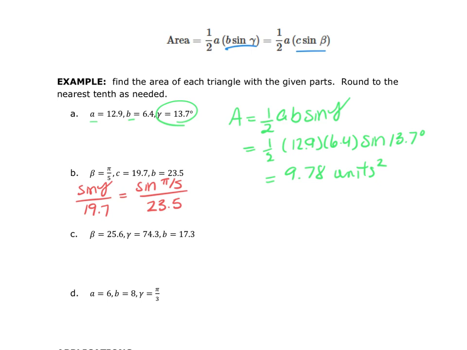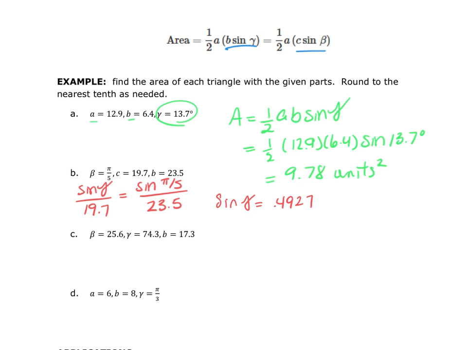So I'll have 19.7 multiplied by the sine of pi over 5, make sure you are in radians, and then that's divided by the 23.5. And so I'm going to get the sine of gamma is equal to 0.492. So again, make sure you are in radians.